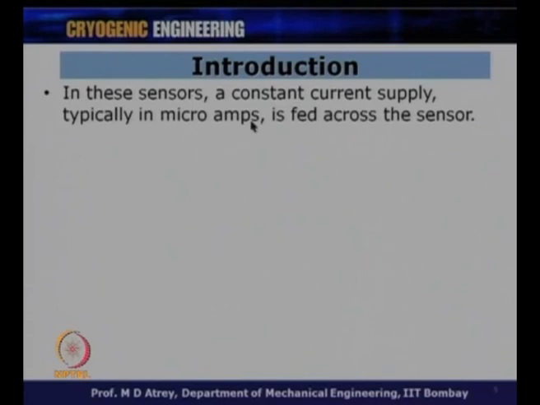In these sensors, a constant current supply, typically in microamps, a very small current, is fed across the sensor. In the earlier case we had a milliamp current, but in these diodes and Cernoxes we have microamps. That means a very low current flowing through it, and therefore very low heat generation in the sensor. The I square R is very, very small, and therefore the errors involved are also very, very small.